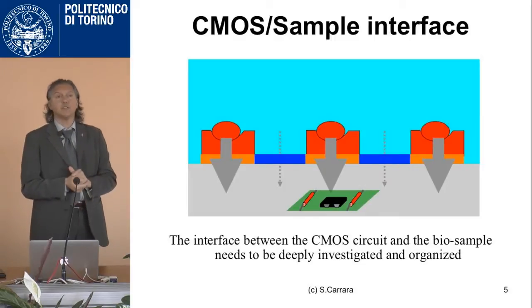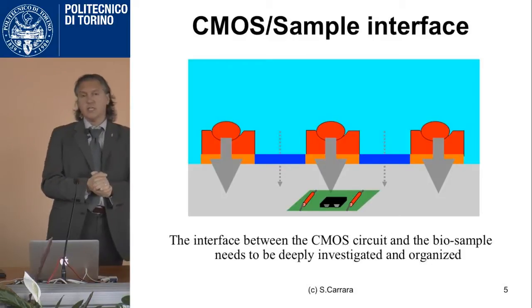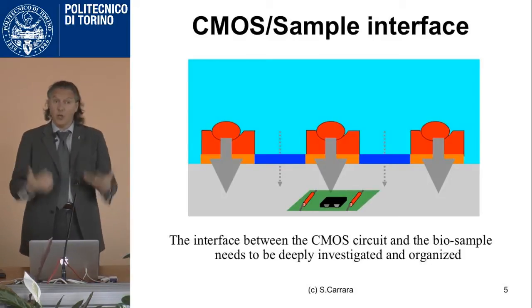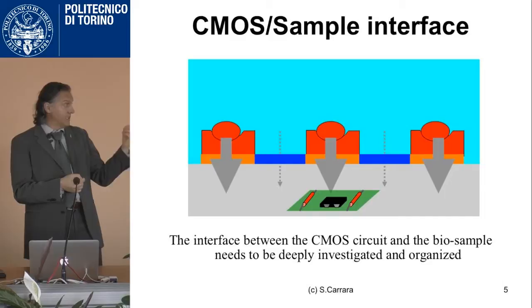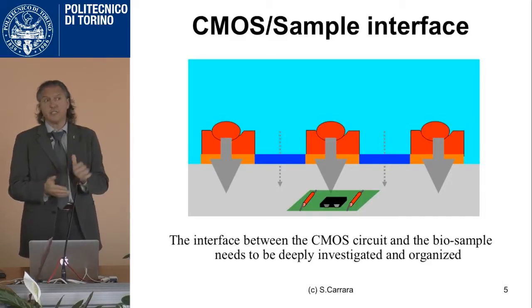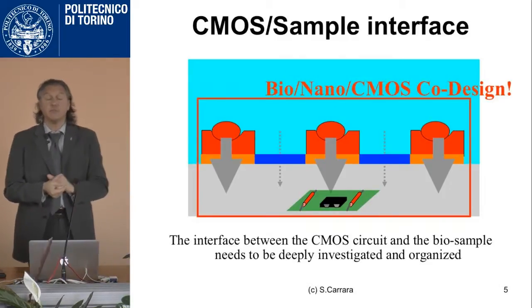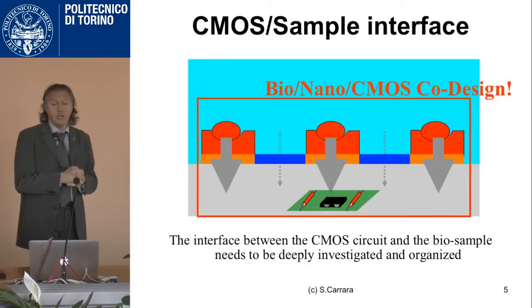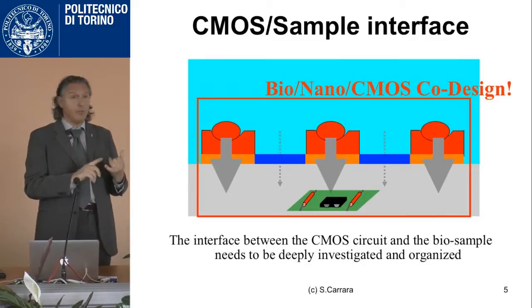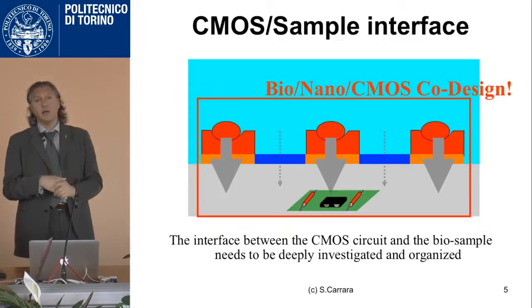Of course, in order to provide autonomous, easy to use, and especially low cost devices, we need to develop the related electronics as close as we can to our interface. And this drives us to a new concept, the co-design of the bio, the nano, and the CMOS layer in our system.